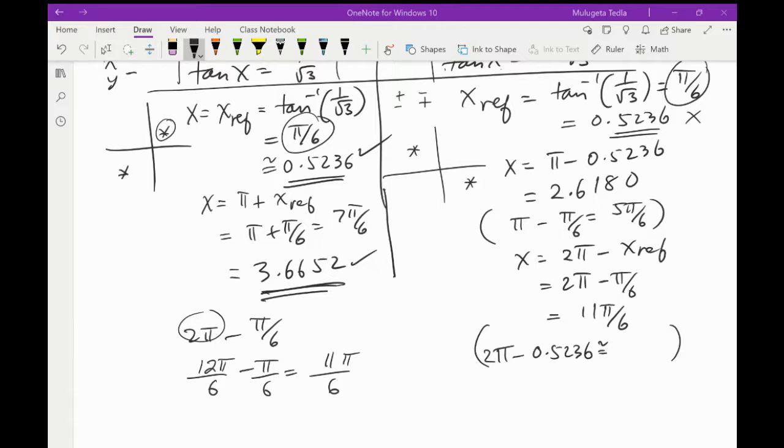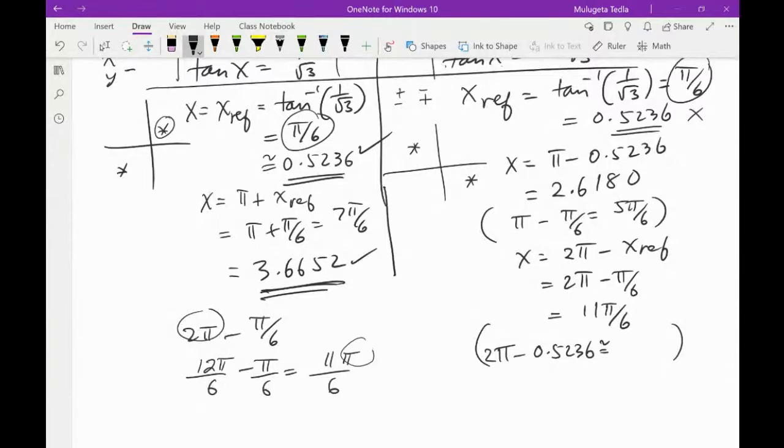If you want to double check 11 pi by 6, change pi into 180 and check if it's 330. Do 11 times 180 divided by 6 on your calculator.